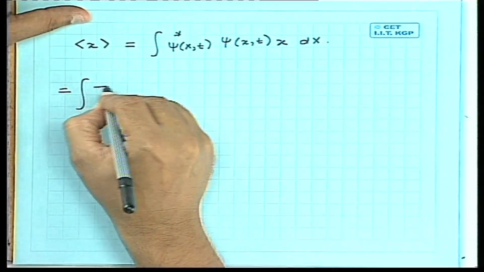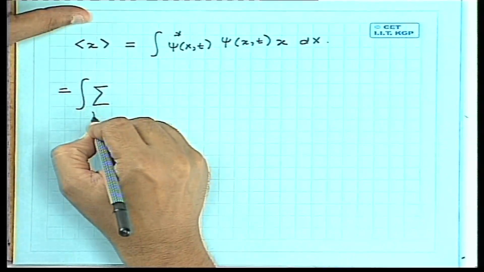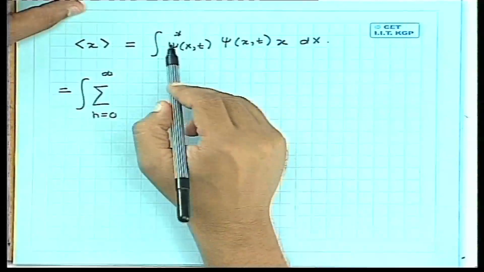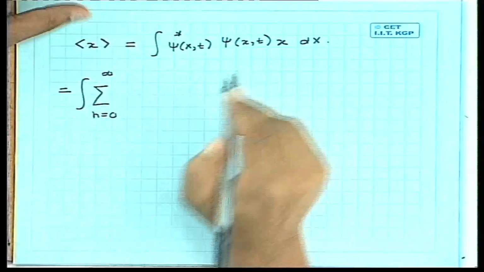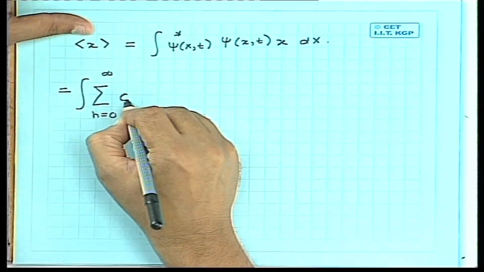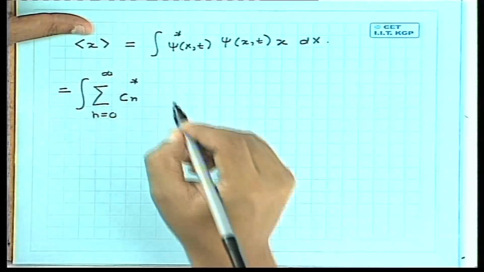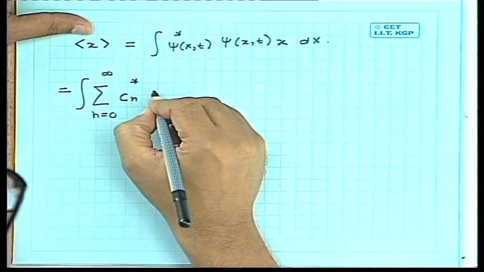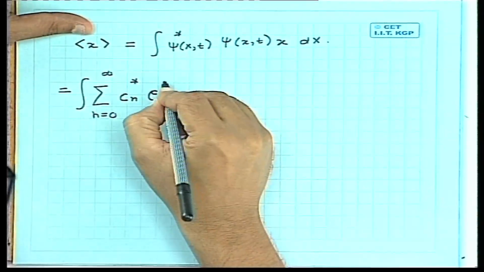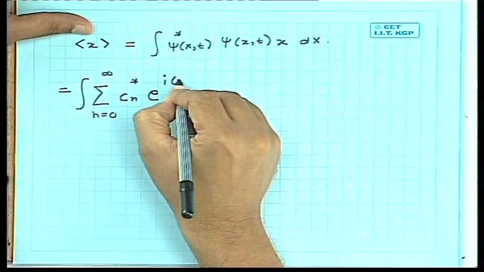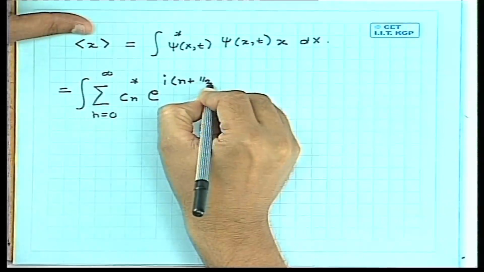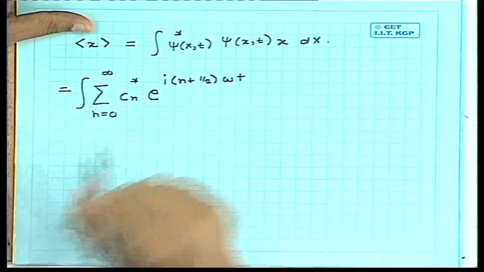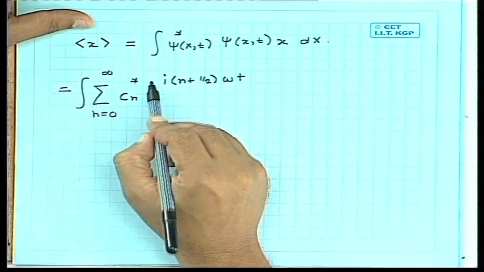the integral, and then we have a sum over n going from 0 to infinity. So let us first expand psi star x t. So psi star x t will be Cn star, and then we have the time evolution part, which is now e to the power i n plus half omega t. Because we have a complex conjugate, the minus sign has gone.